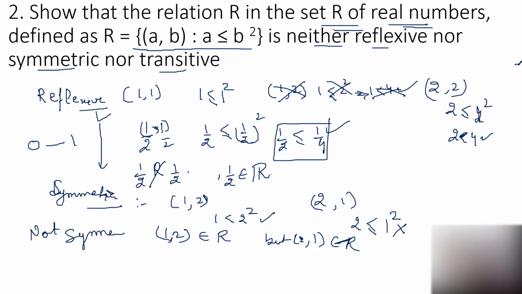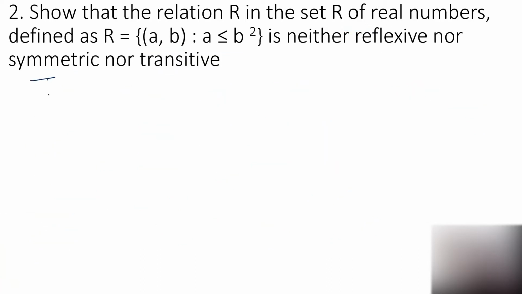Next is the turn of transitive. It could be a little complicated. Let's have a look at how to show that it's not transitive, because if we consider consecutive numbers it seems to be true, but it is not transitive. So let's consider an example. We are considering (9, 3) and (3, 2).